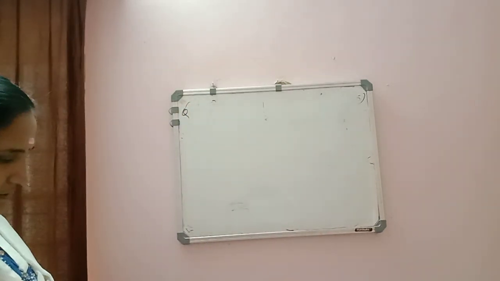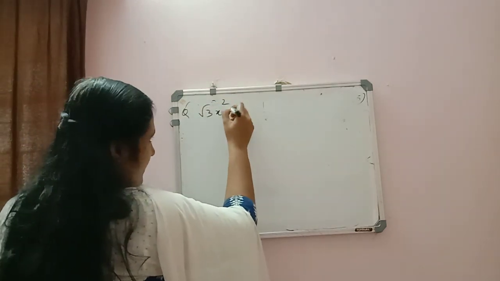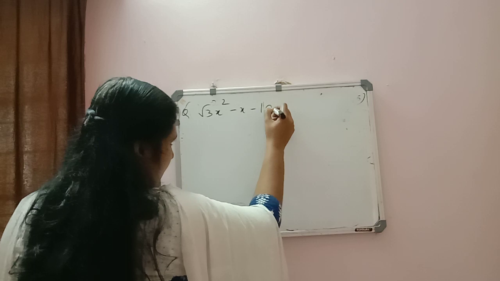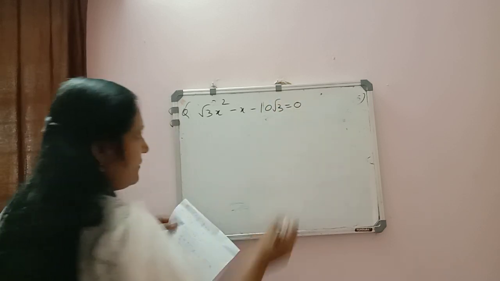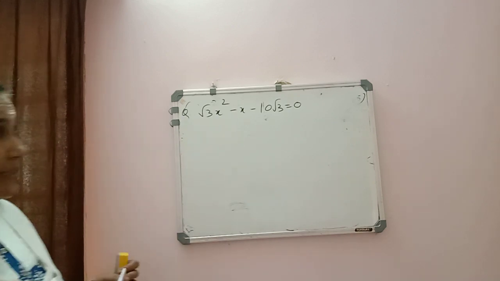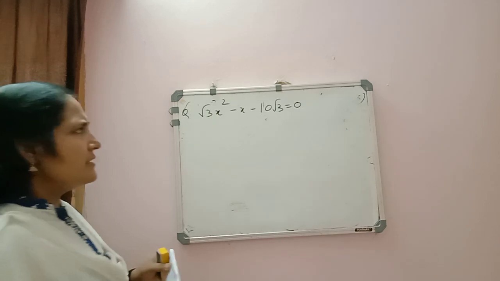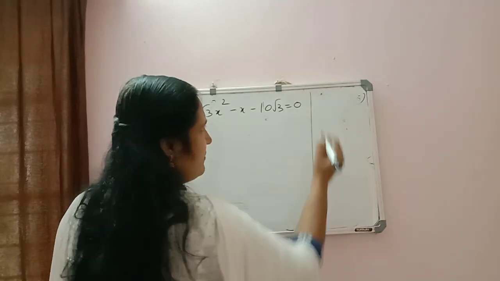Moving to one more example. Root 3x square minus x minus 10 root 3 equal to 0. By just looking, I think it will be quite difficult, but we'll simplify it. We need two numbers.